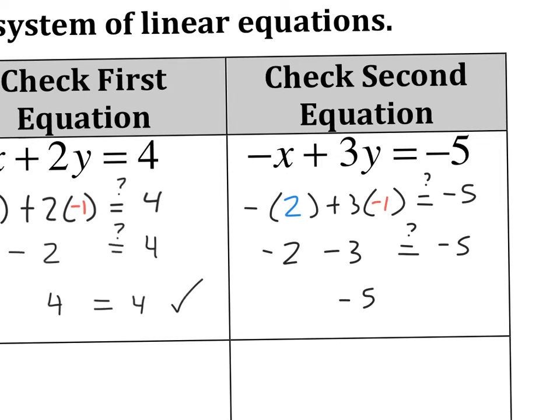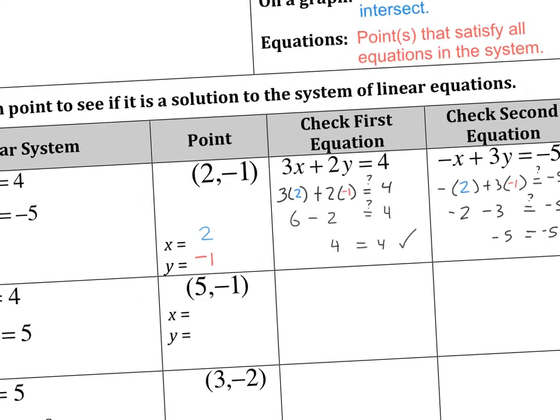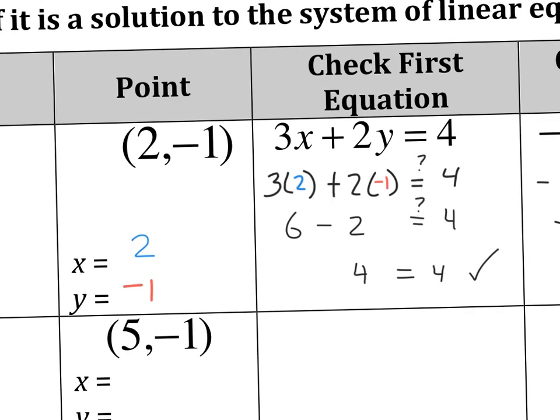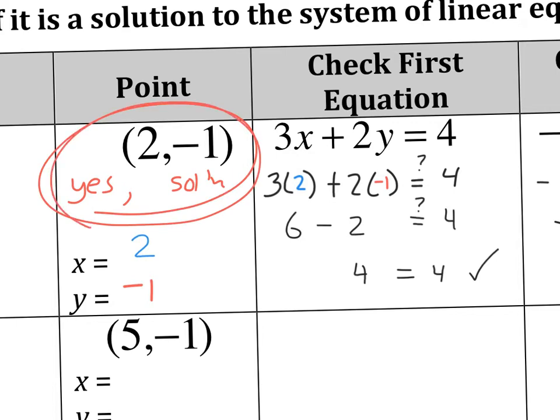Oh, look, -5 equals -5. Check. So now we actually have to make a conclusion. This is just you showing the work. And then over here, the point, I would say, yes, a solution. Or the solution, in fact. I'm going to abbreviate solution, S-O-L, with an apostrophe N. And when you have your answer, commit to it by putting a ring around it.